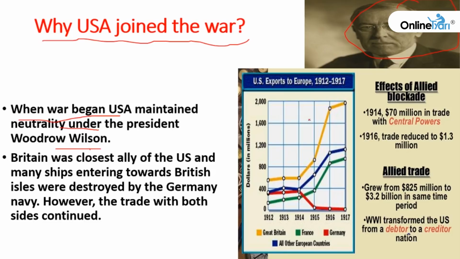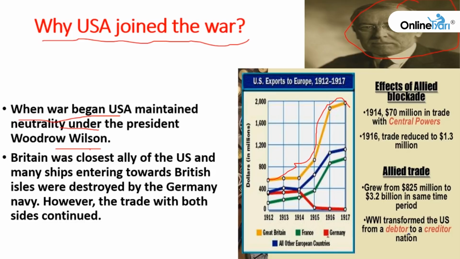So here you can see in this PowerPoint that from 1912 to 1917, the trade with different countries changed. With Great Britain, you can see the trade skyrocketed. Then France also skyrocketed.